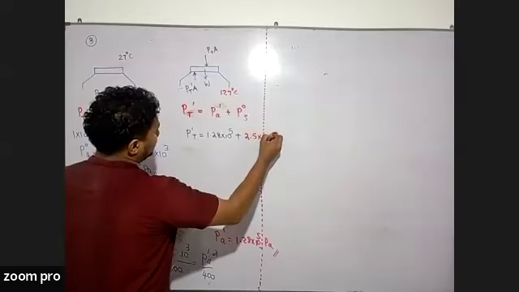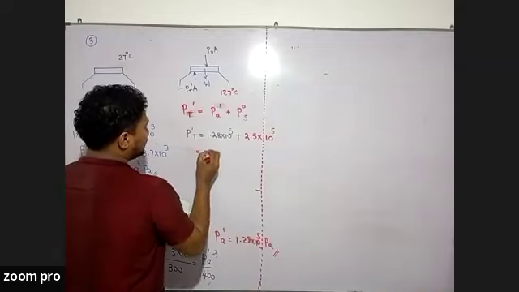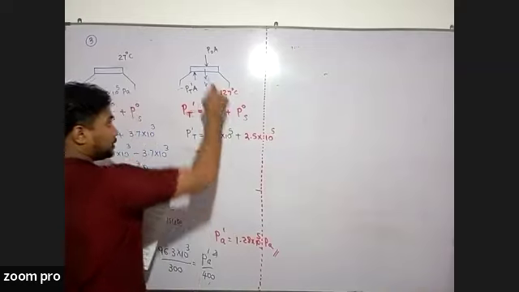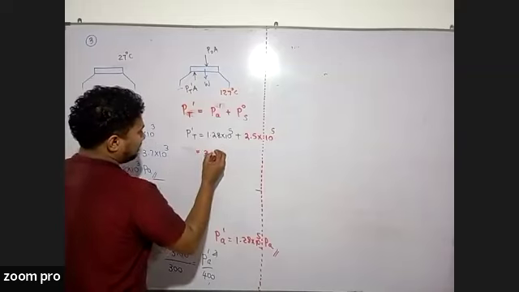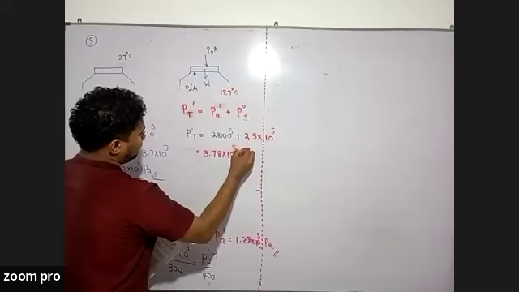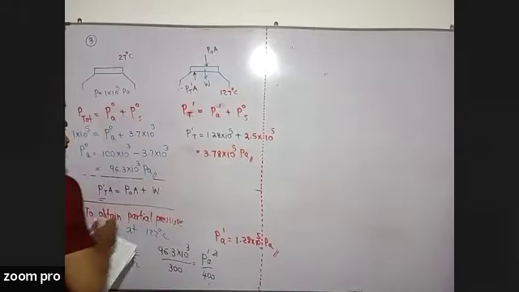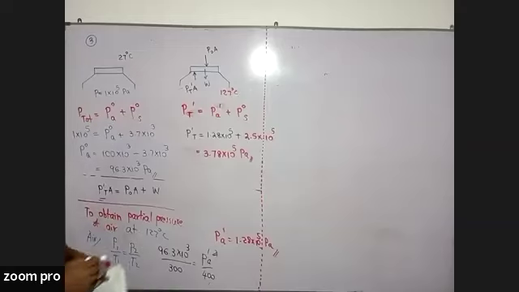This is the total pressure at 127 Celsius inside the vessel. So by using this value, we can obtain a value for W.